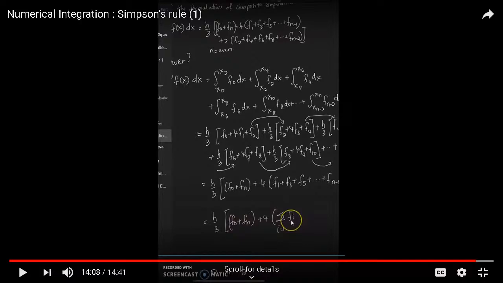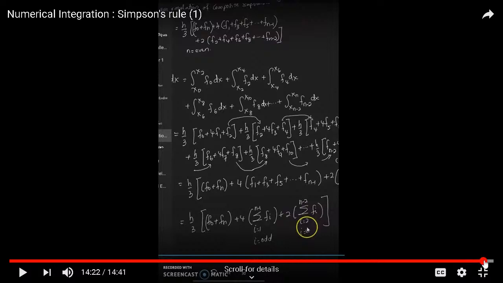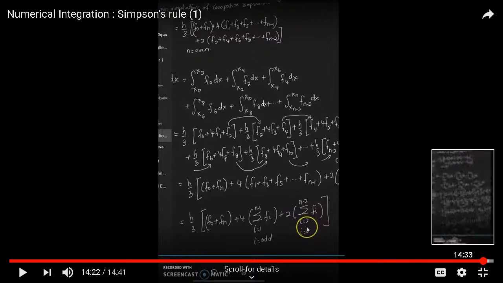We learned this already last week. This is the formula for the composite Simpson's rule: 4 times the summation of fi, i is an odd number, plus 2 times the summation of fi, i is an even number.